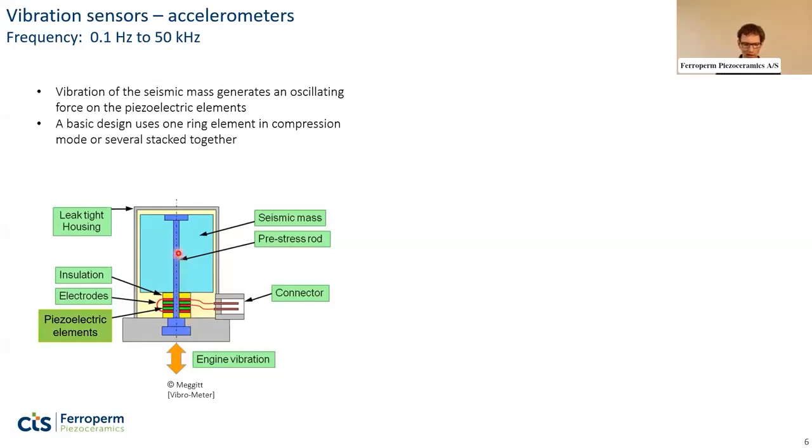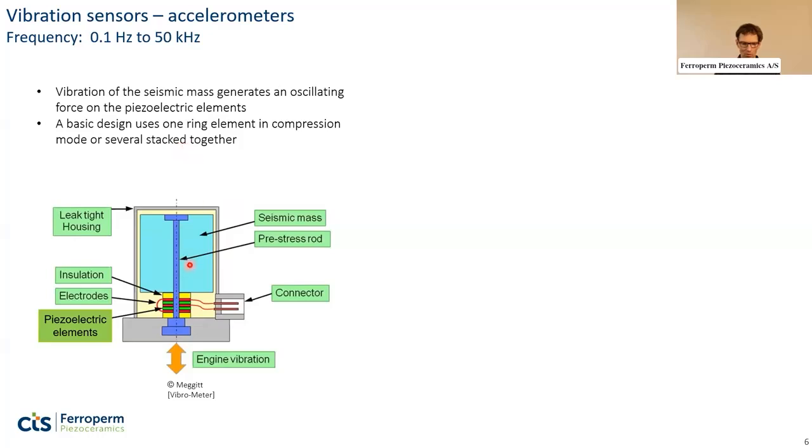On top of those, you have a seismic mass, which is just some weight that will give a higher output because of the higher stress value when you expose it to some vibration. The seismic mass is kept in place by this pre-stress rod.